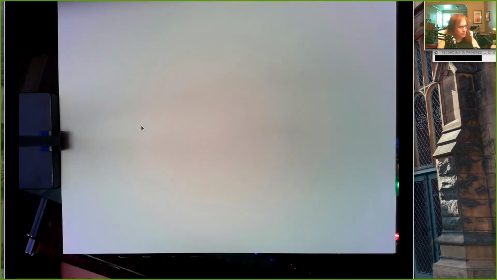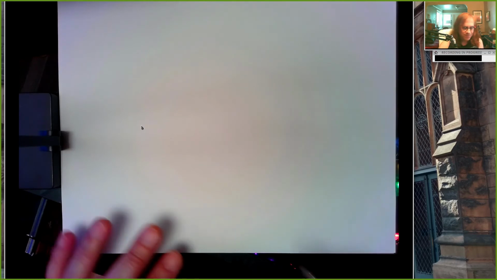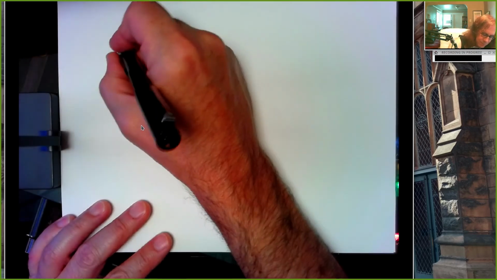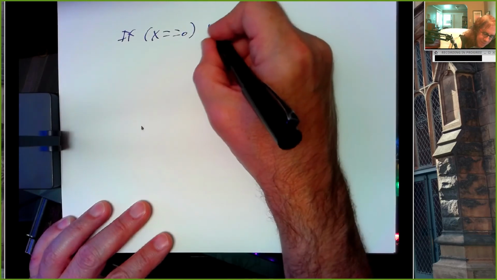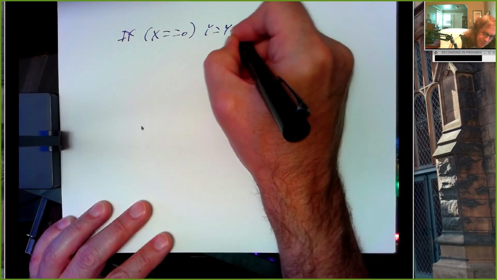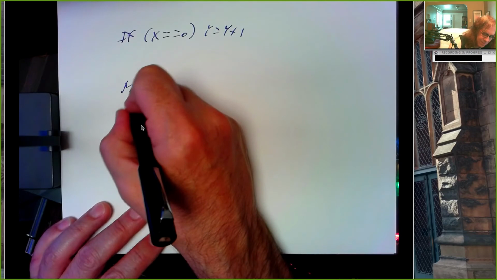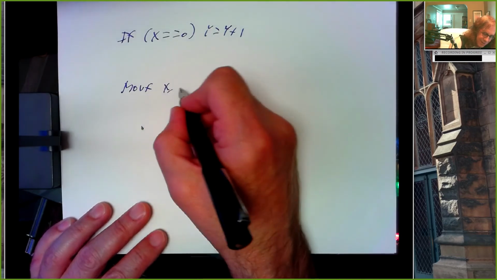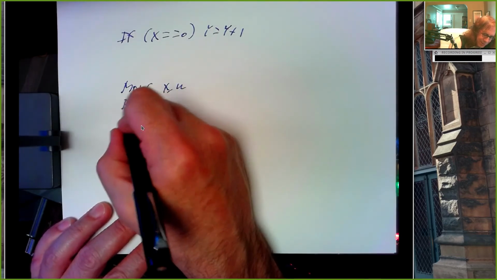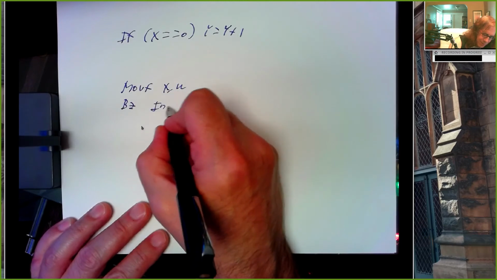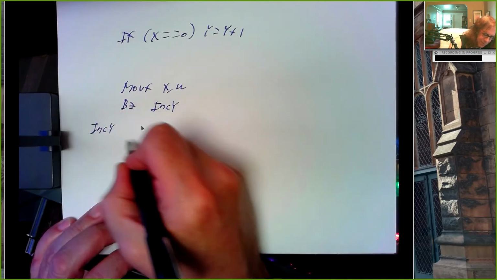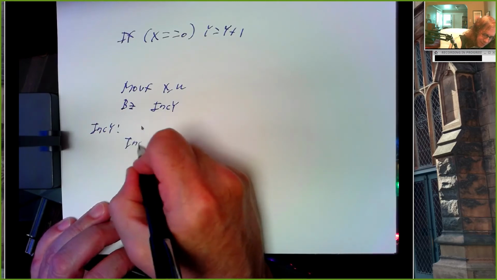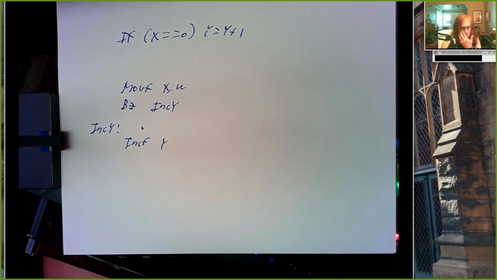All right, so what can go wrong with this? If x is equal to 0, y equals y plus 1. So, move f x comma w, branch if 0, increment y, increment file register y.